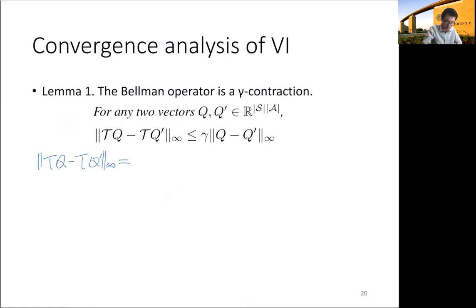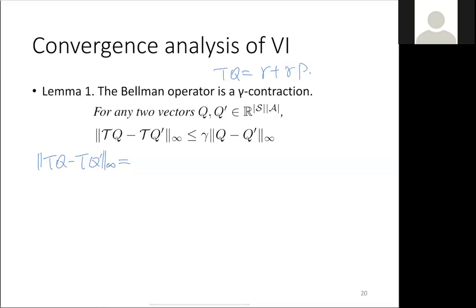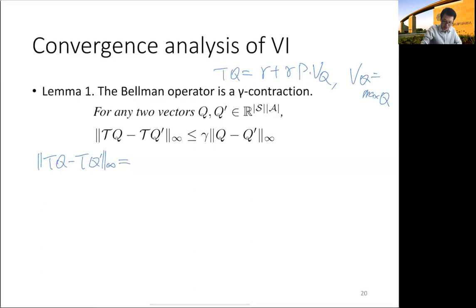Recall that tau Q is equal to r plus gamma P times VQ, and VQ is equal to the max of Q over actions.